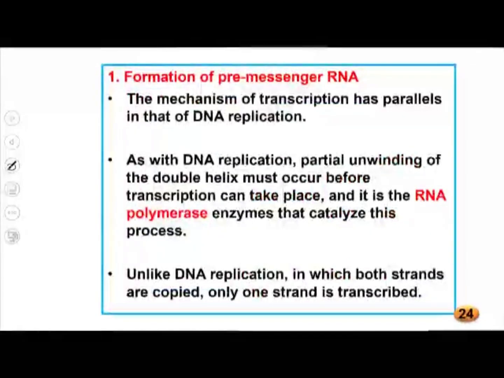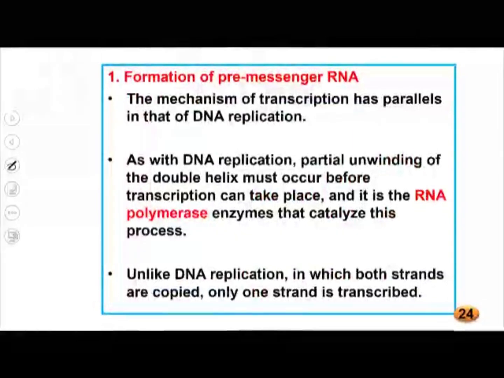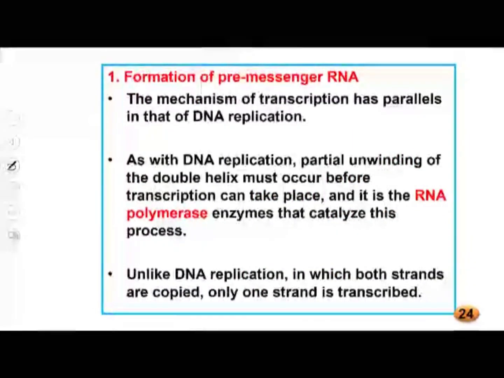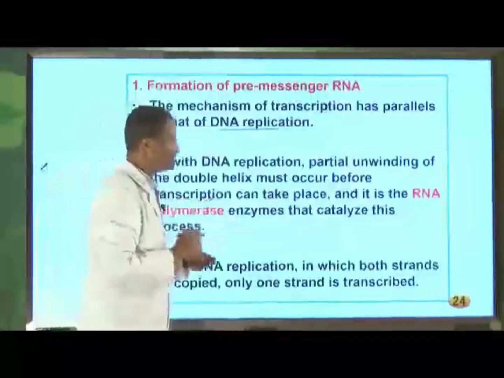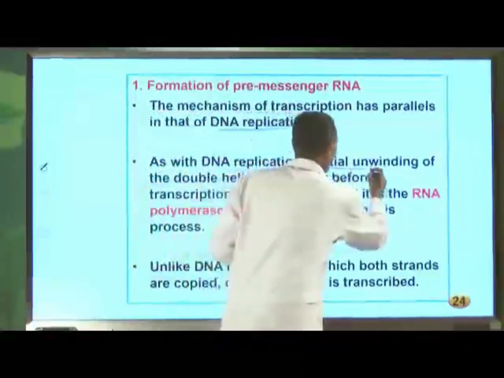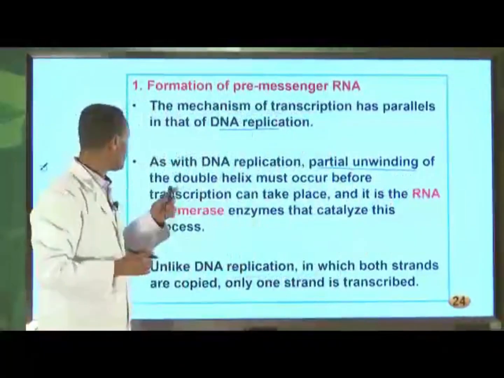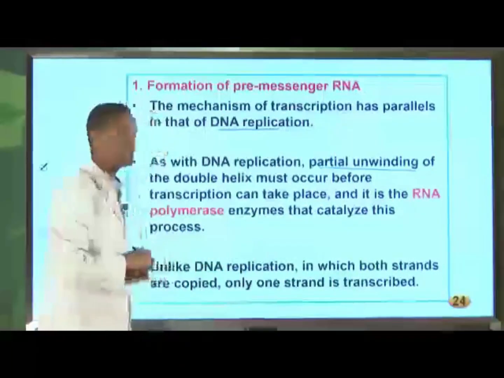The formation of pre-messenger RNA. The mechanism of transcription has parallels with that of DNA replication. As with DNA replication, the partial unwinding of the double helix must occur before transcription can take place.